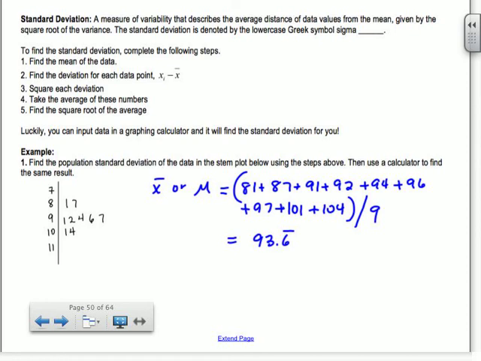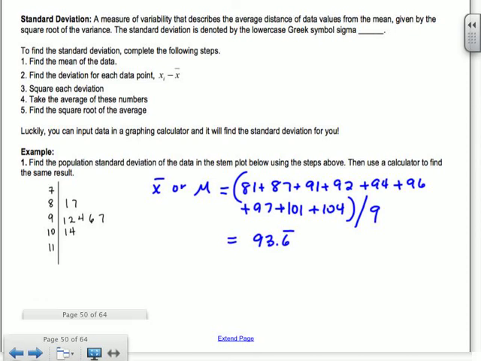Okay. It's going to be helpful to you if you store this number. So you can store the number, or you can keep using answer, right? As long as it's the last answer you had. But just in case you mess up and you start typing in all this data and then you mess up somewhere, I'd probably store it just in case. Okay, so we're going to store. Do you guys remember how to do that?